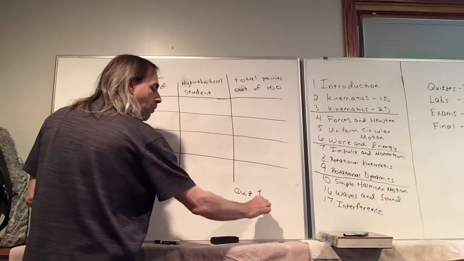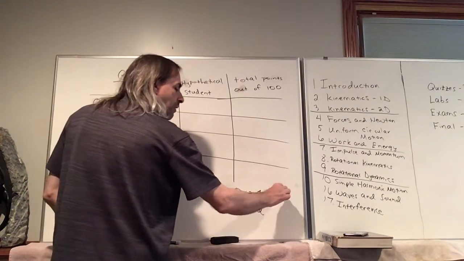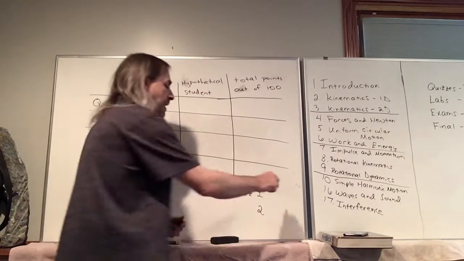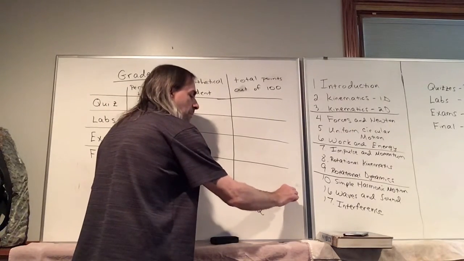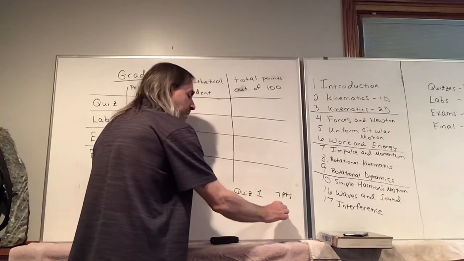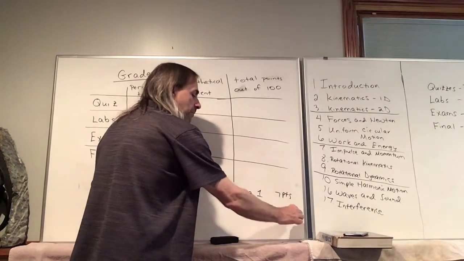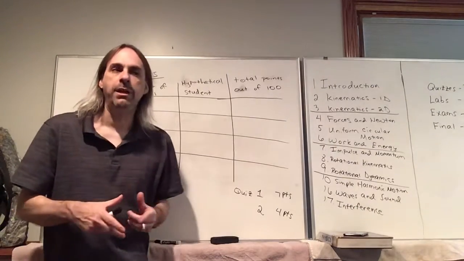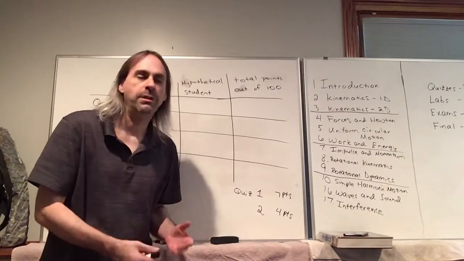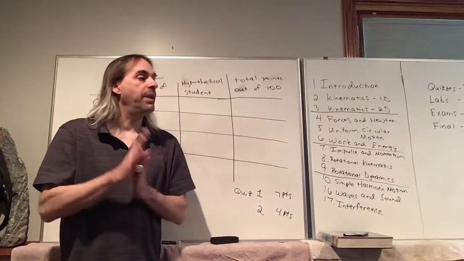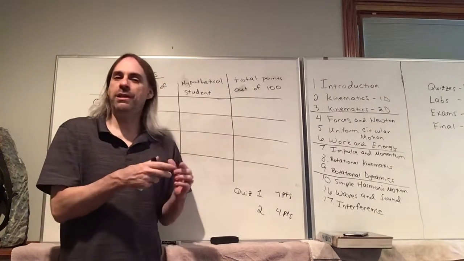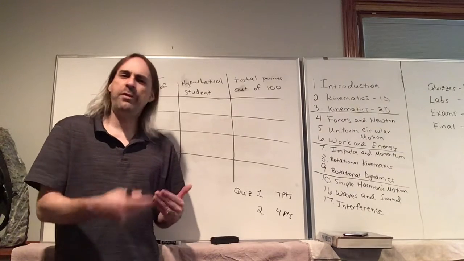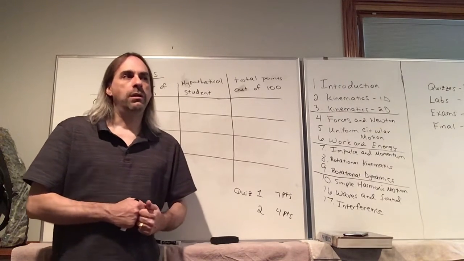Let's say we have quiz 1 and quiz 2. When you take quiz 1, it says this quiz is worth 7 points. And quiz 2, say, is worth 4 points. Now, the quizzes vary in the number of questions and how long you have to do them. I look at each question individually and decide how many points it's worth, thinking about partial credit.